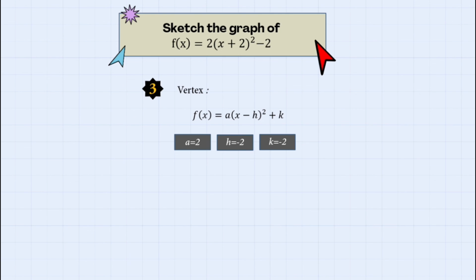In this function, h is equal to -2 and k is equal to -2. Therefore, the vertex is (-2, -2). Hence, this means that our minimum point of the graph is (-2, -2). Meanwhile, the axis of symmetry is x equals -2.